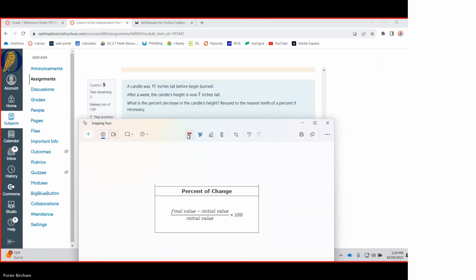Which number happened first in this story, 10 or 11? Nice. The number 11 happened first. You bought the candle. It was 11 inches tall. 11 is the initial value times 100. The final value is 7.